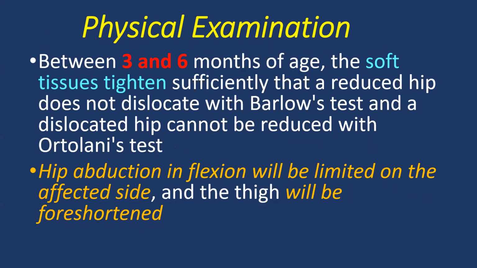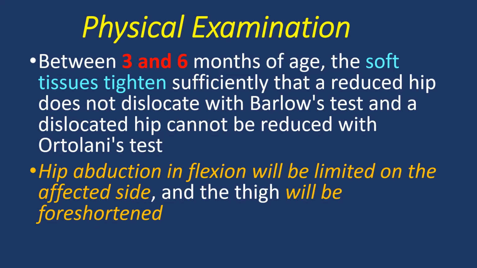Between 3 and 6 months of age, the soft tissues tighten sufficiently that a reduced hip does not dislocate with Barlow's test, and a dislocated hip cannot be reduced with an Ortolani test. Why?